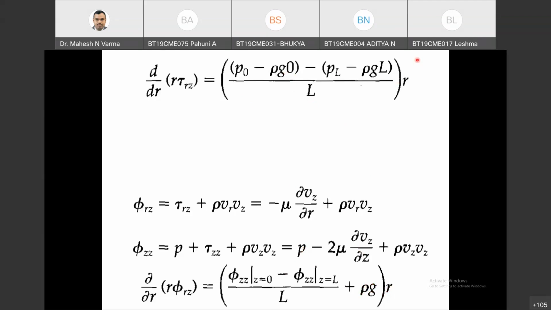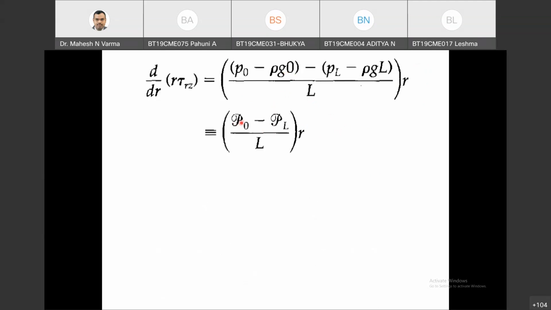This is the measurable pressure. My pressure gauge is measuring this capital P all the time. It is not measuring only the pressure given by the pump or only the potential head. And this is because this negative sign is coming.